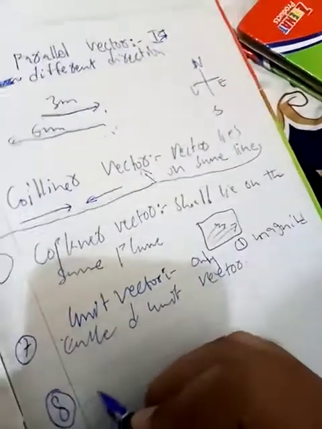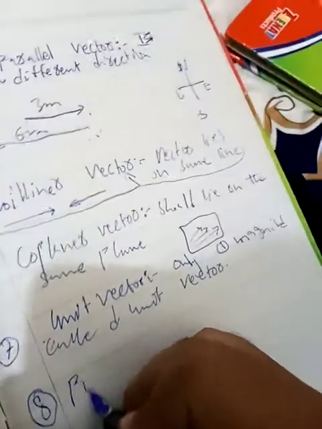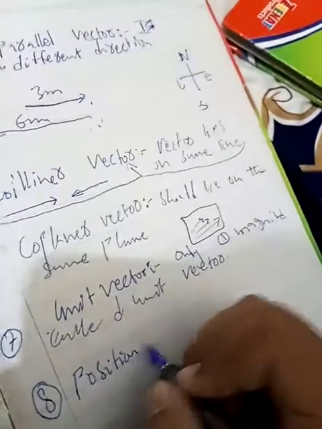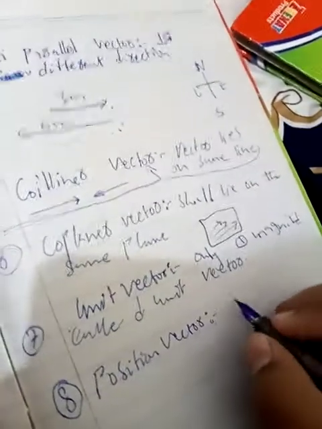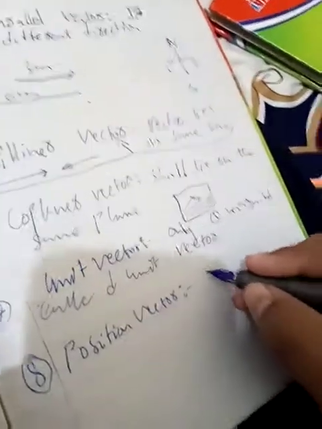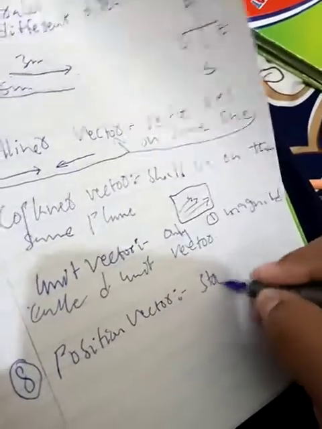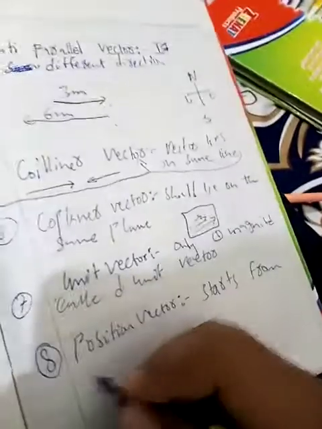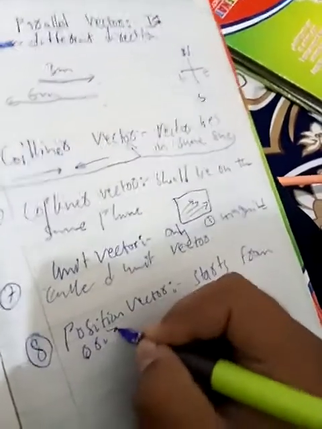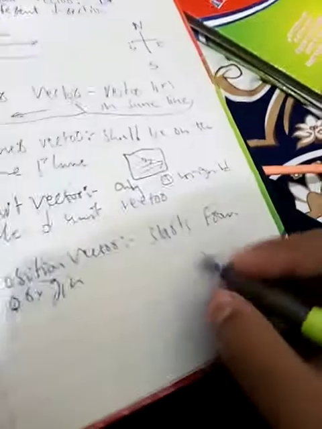The 8th vector is the position vector. A vector which starts from the origin. Now I'm giving an example.